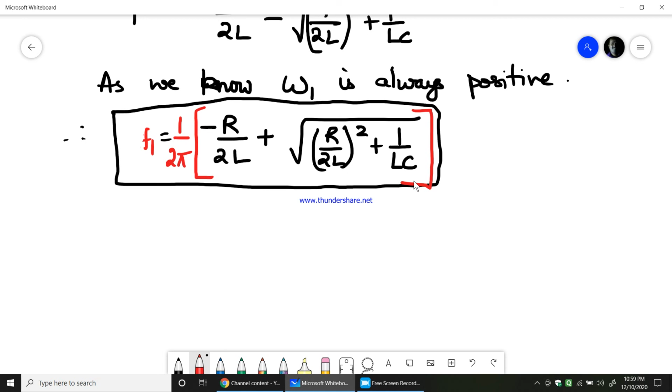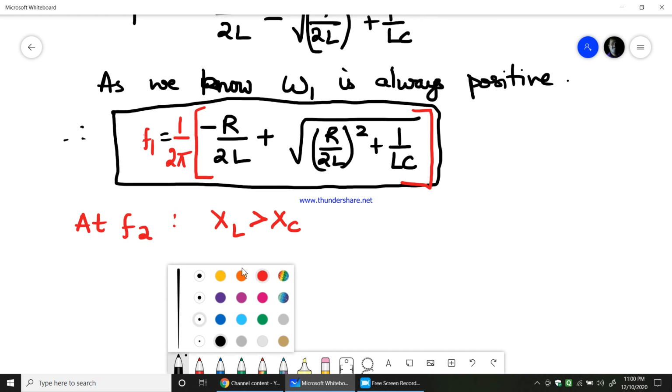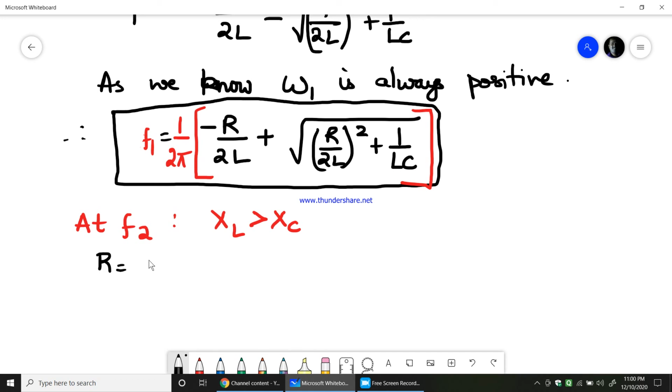Now if I want to derive F2, at F2 we know that XL is greater than XC. Therefore R will now be equal to XL minus XC. Earlier it was XC minus XL, now it is XL minus XC. Therefore R would be equal to omega 2 times L minus 1 by omega 2 C, omega 2 because we are deriving at F2.